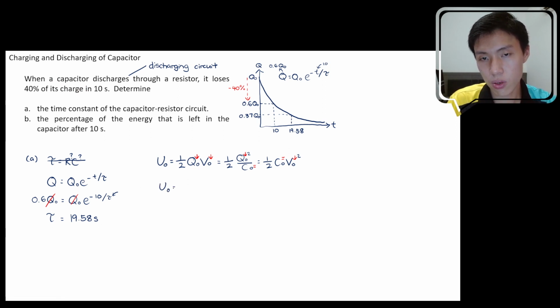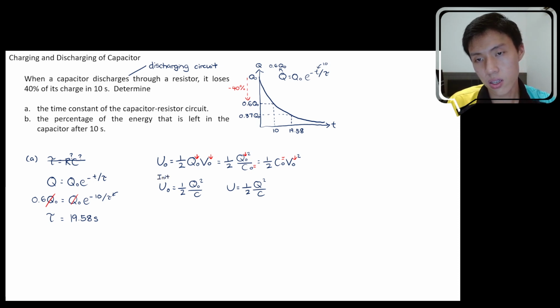U naught will be equal to half Q naught squared over C, whereas U will be equal to half Q squared over C. This is the initial situation, and this is the situation after 10 seconds.